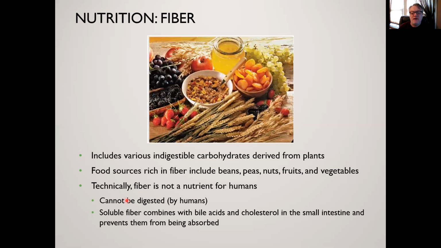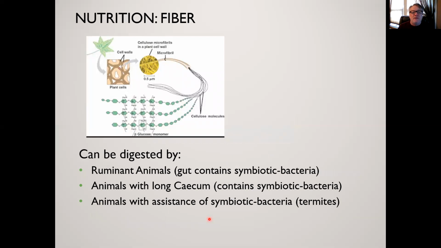But we also have fiber combined with the bile acids that are released by the liver to digest fats, but also cholesterol. By binding with them, it can prevent some of these acids and the cholesterol from being absorbed into the body. So for that reason, fiber can also help regulate cholesterol levels in the blood, with health benefits. Now, some animals can digest fiber and use it as a nutrient, but not without help.